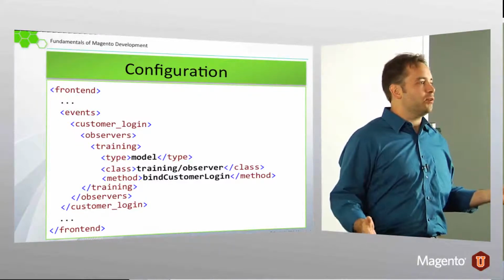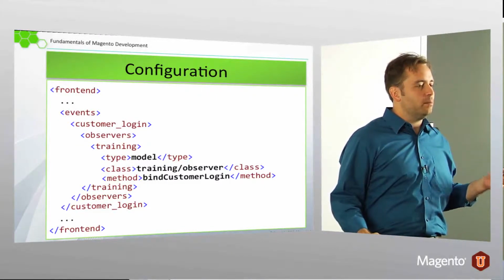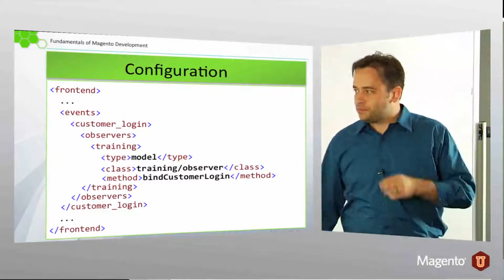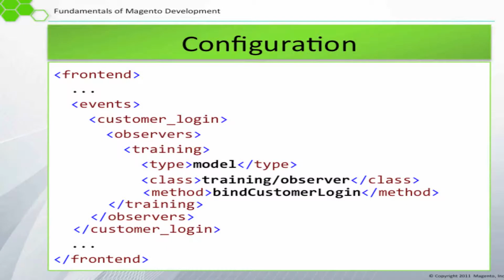let's look at what really matters to you as a programmer and what you'll be doing. Anytime you want to do anything with an observer, you'll specify in your configuration an area, in this case frontend, and then inside it the events node. So this is the structure of observers. Frontend, events.